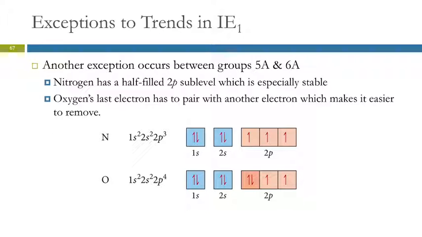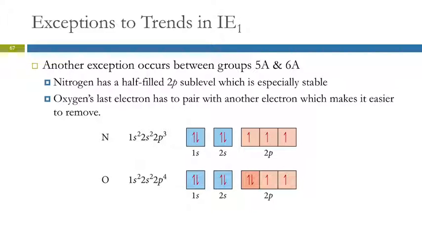Well, the reason for that can be found in looking at the orbital diagram. So here's nitrogen and here's oxygen. Nitrogen has its 2p sublevel half full. There's an energy bonus for that, like a coupon at the hotel.